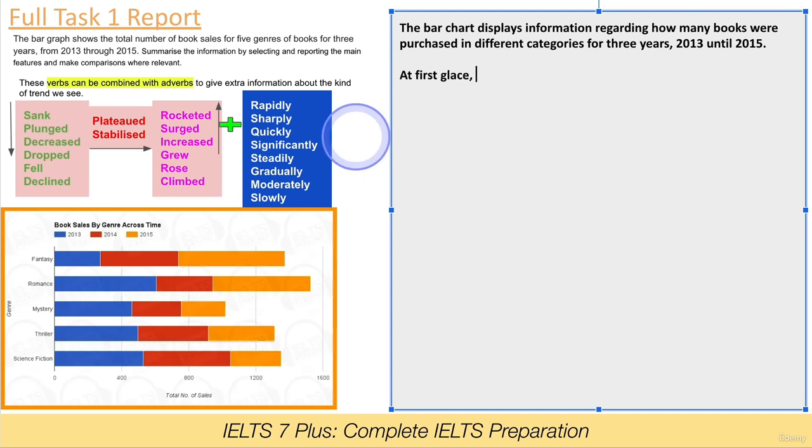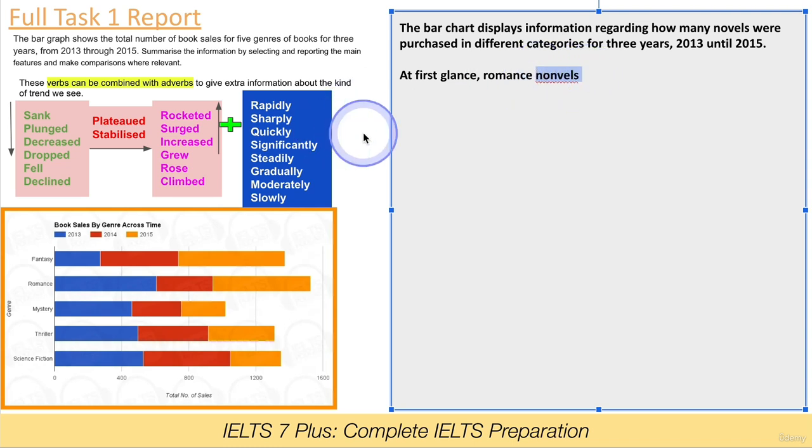Okay, so we can say something like at first glance. That's quite a nice way to introduce. At first glance, romance novels. Or maybe we could use novels here actually. How many novels were purchased?